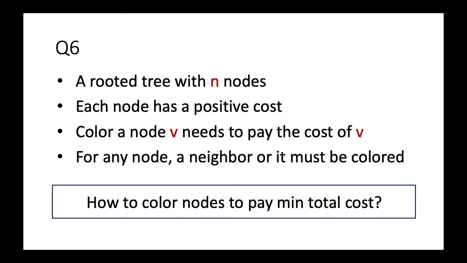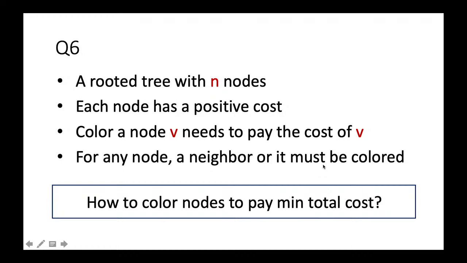And then we are going to color the node V, which means that we are going to set up a convenience store at the corresponding node by paying the cost of V. The requirement here is that we need to serve all the buildings inside the city. So we need to make sure that for any node, either a neighbor of it or itself has to be colored.